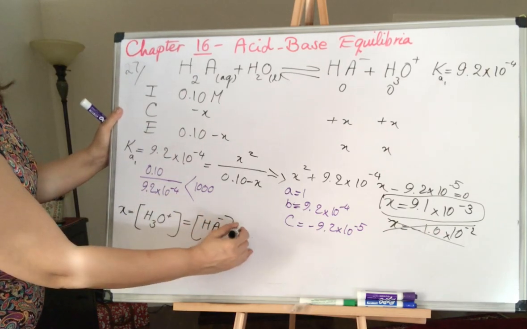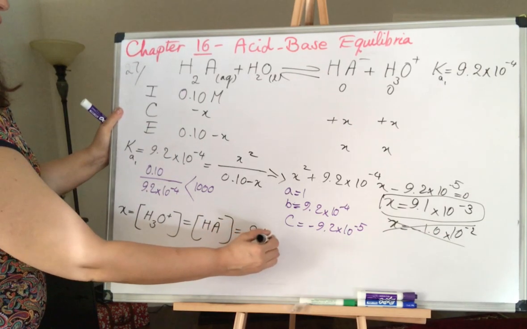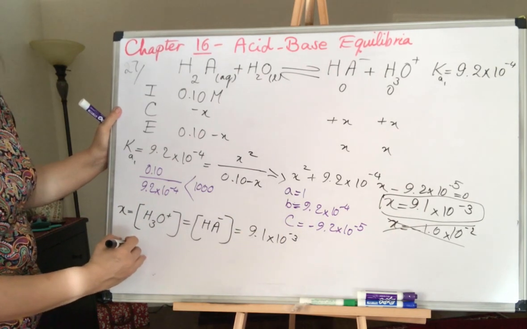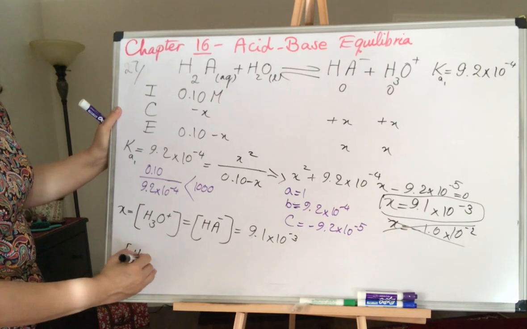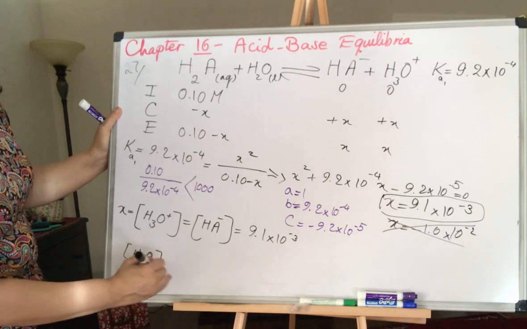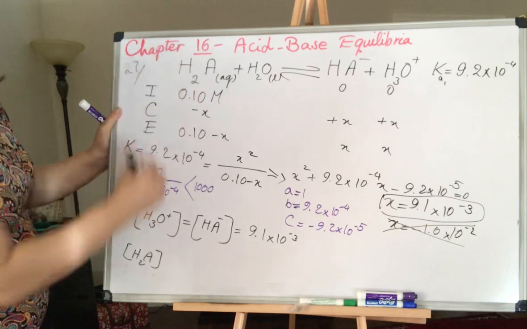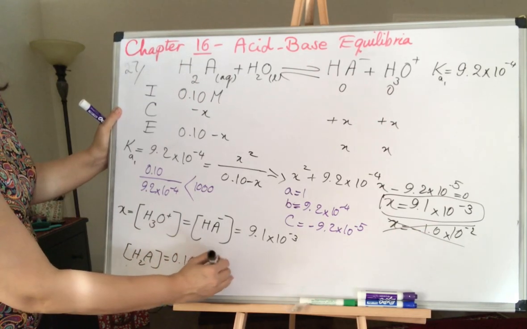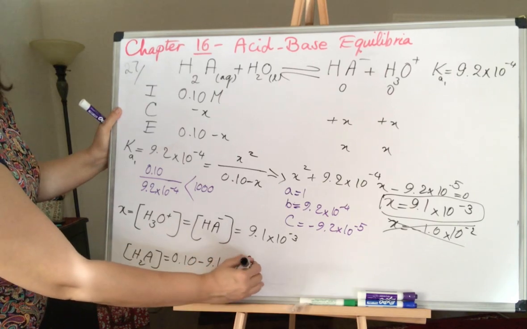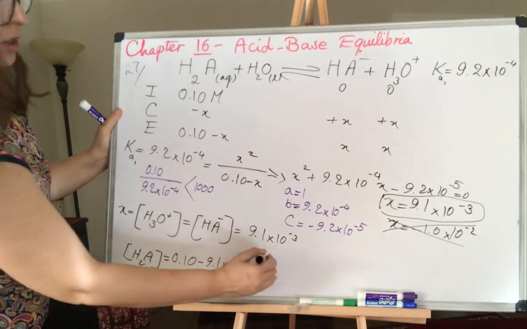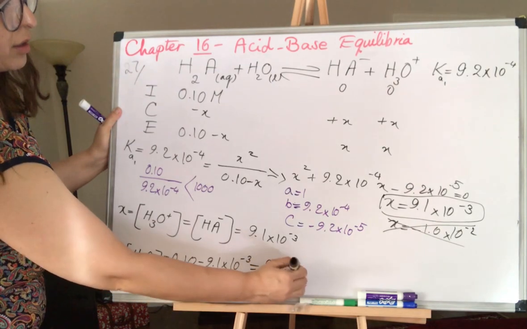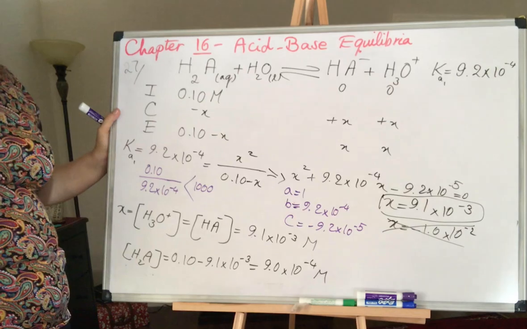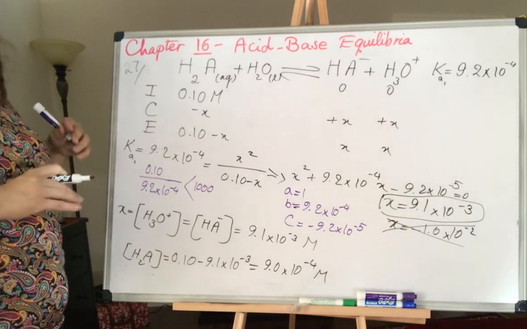So it's going to be 9.1 times 10 to negative 3. And the concentration of H2A on this side is going to be 0.10 minus 9.1 times 10 to negative 3, which is going to be 9.1 times 10 to negative 4 molar. So, are we done?